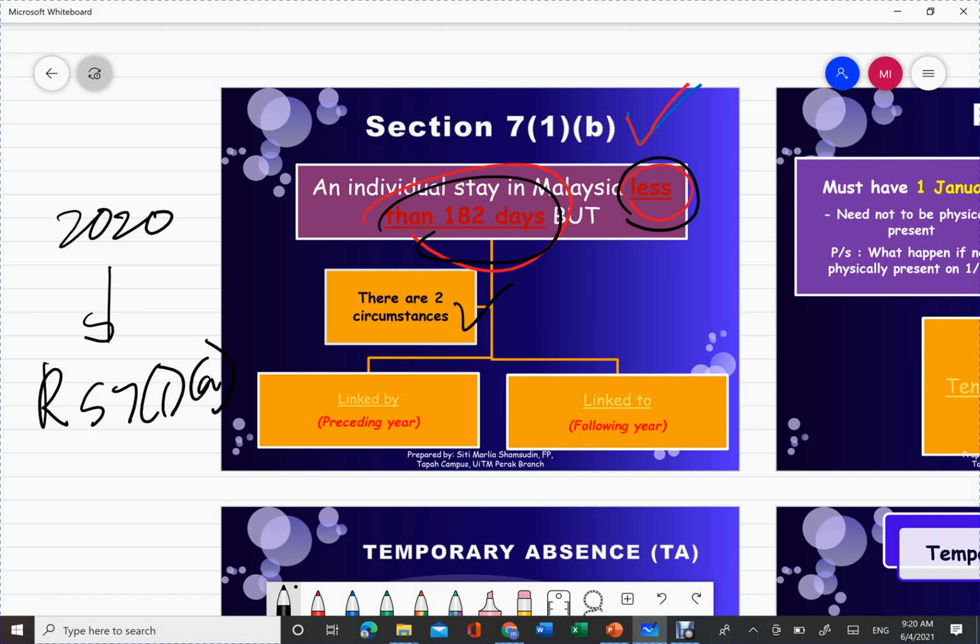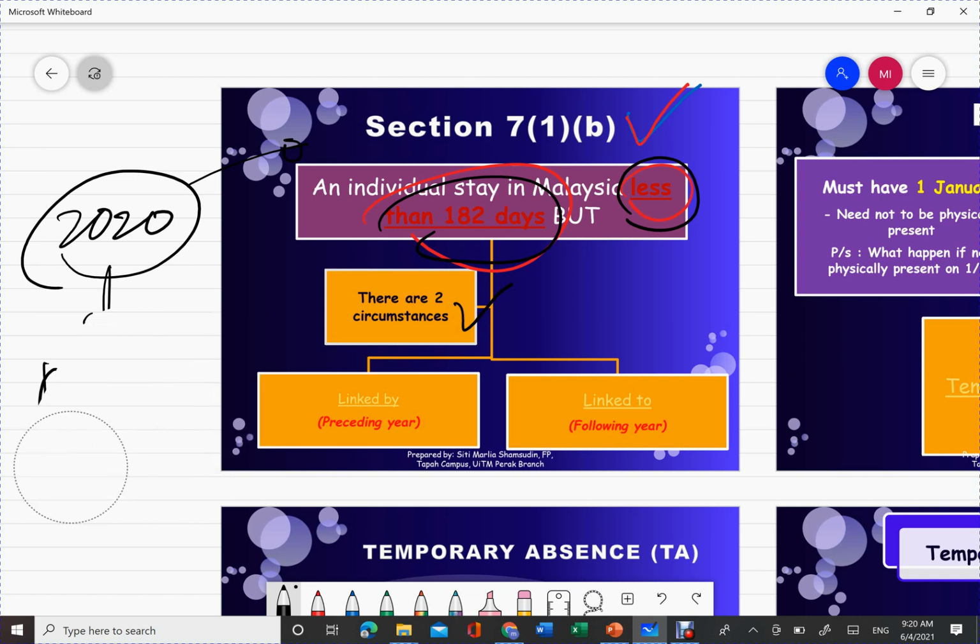If the test laid out under section 7(1)(a) fails, then we look at section 7(1)(b). If the test in section 7(1)(a) is satisfied, you don't have to look at section 7(1)(b) anymore.